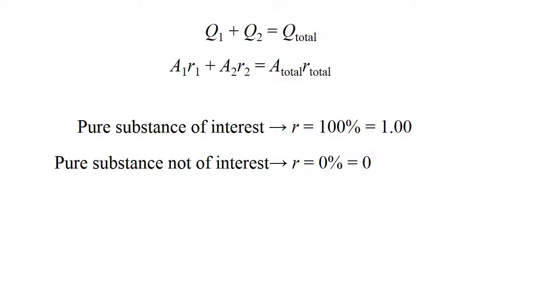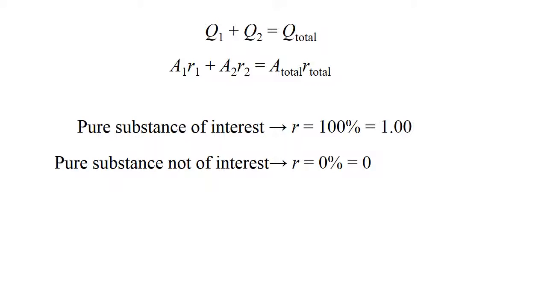If, on the other hand, the substance we're looking at is pure something, but it's not what all the other rates are related to, so if you have a shampoo that's 20% conditioner and you mix that up with a shampoo that's just pure shampoo, no conditioner, the rate would be 0% conditioner, because you're talking about percentages based on conditioner.